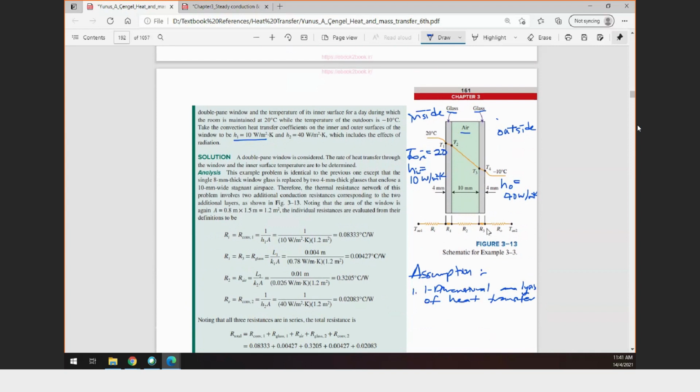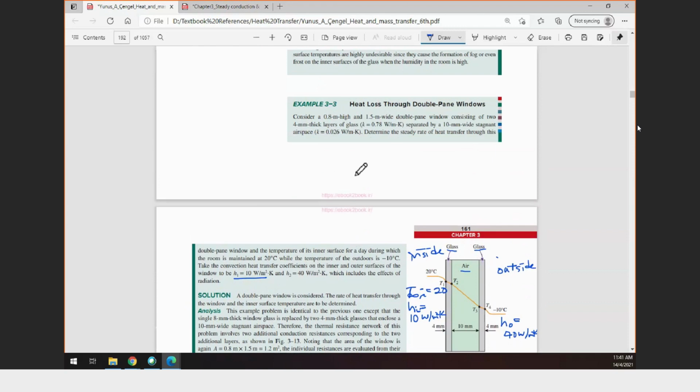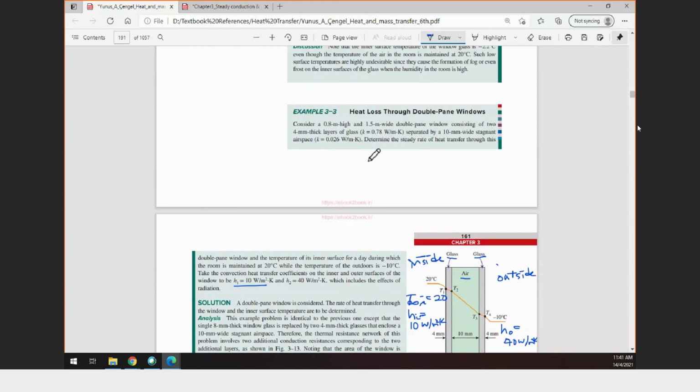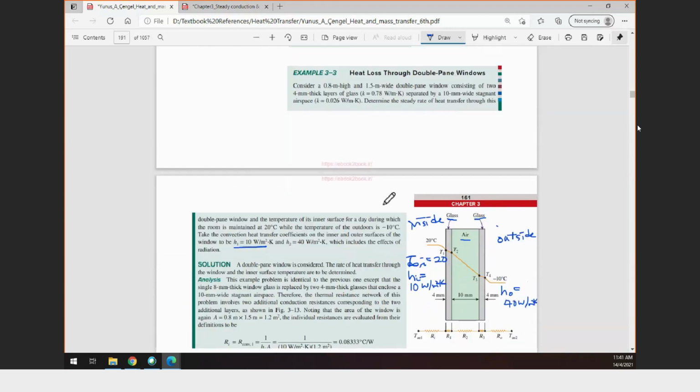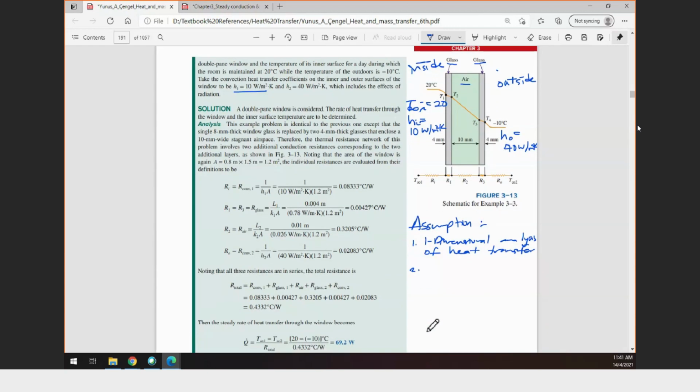What else? Number two, if you look here, the thermal conductivity is given and constant. So we can see here the constant value of thermal conductivity.